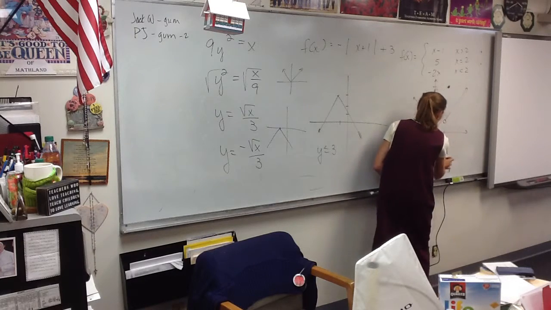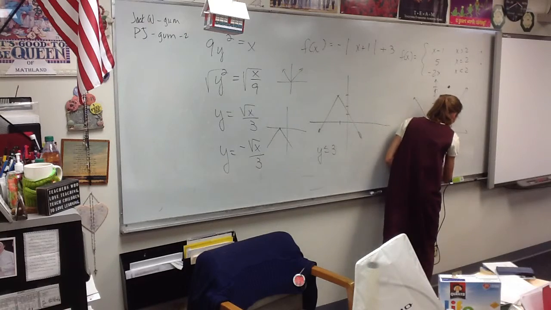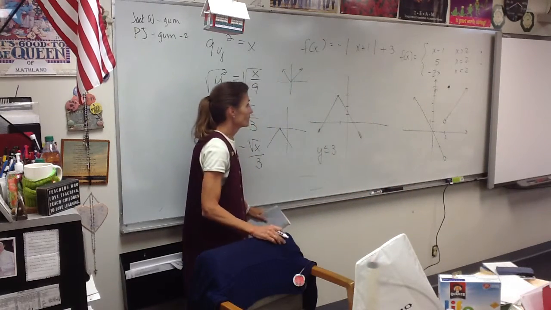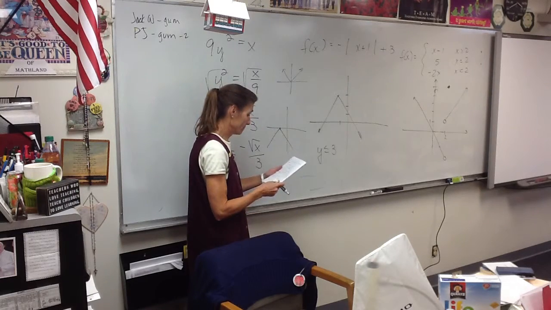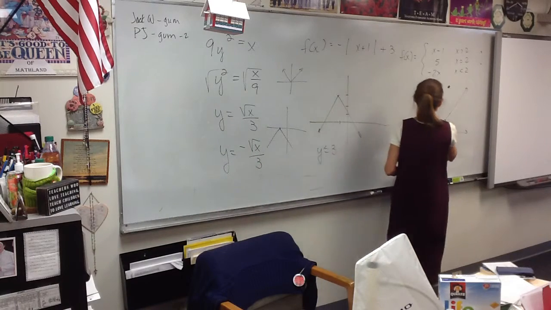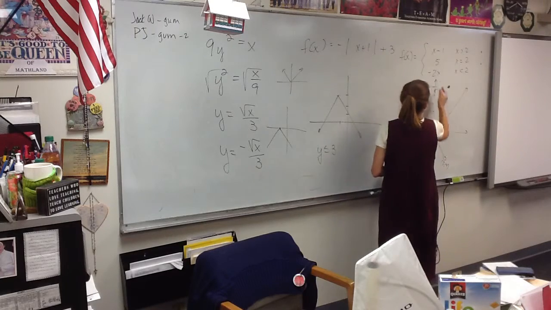And I want the left side of that one. There you go. This point down here would be the point (2, -4). I put in 2, I get -4.